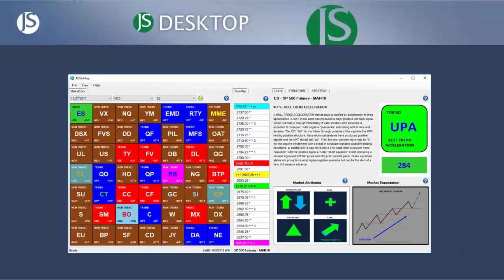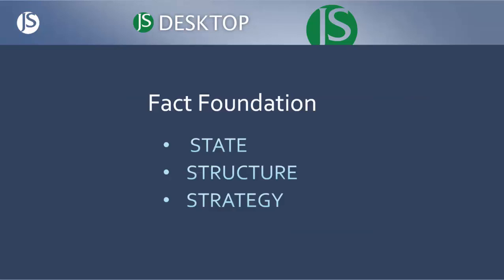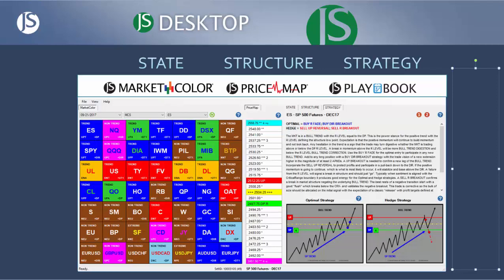The desktop is a comprehensive set of objective quantitative analytics, a fact foundation that defines a market state, its structure, and strategy themes. JS Services Market Color Analytics identify a market state, the price map its structure, and the strategy playbook the opportunities that are more likely to occur as defined by the state and structure dynamic.